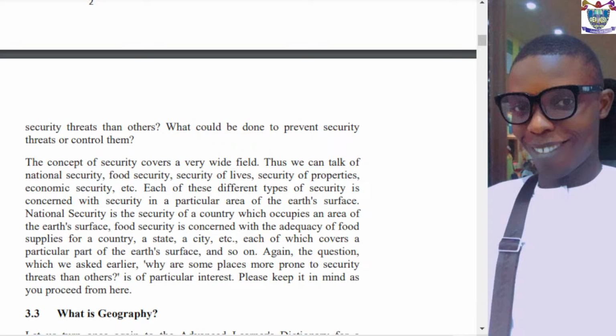One thing I want you to keep in mind in addition is that we are looking at how crime, security, and geography connect. So we have seen criminology, a study of crime and how people react to crime. Then we have seen security.